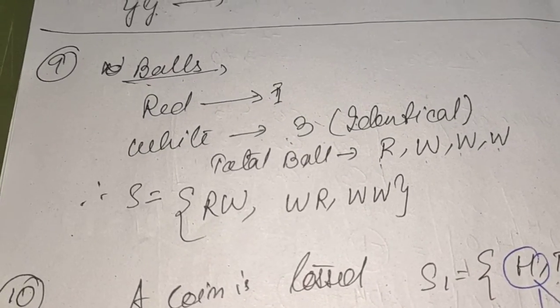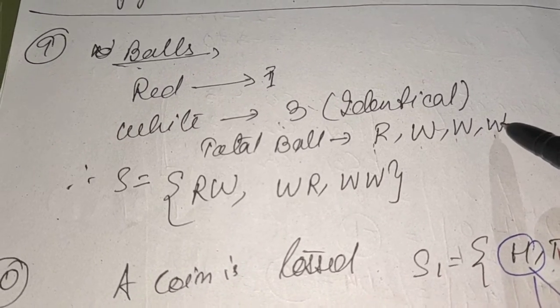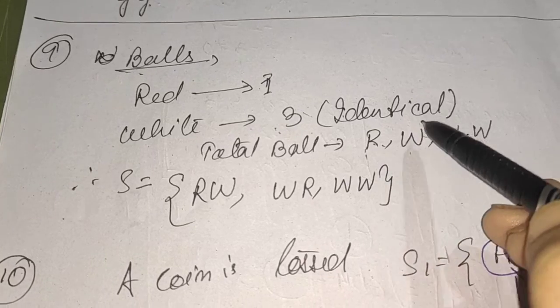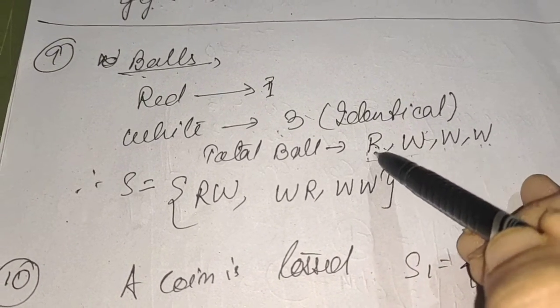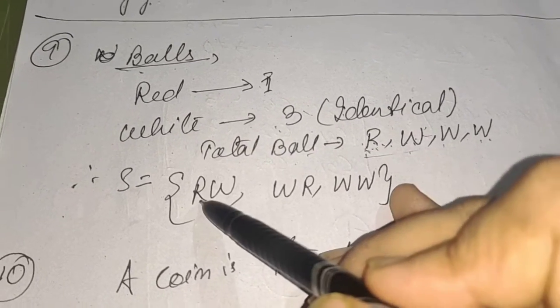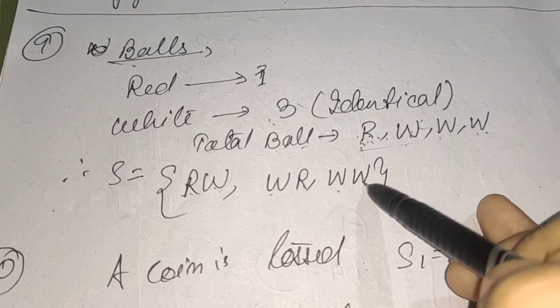If you are asked to write down the sample space, since all the white balls are identical, we consider taking 2 balls, red and white. So the first one will be red white, second one will be white red, and third one will be white white.